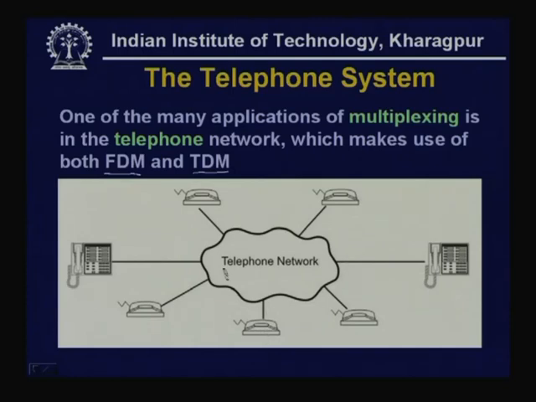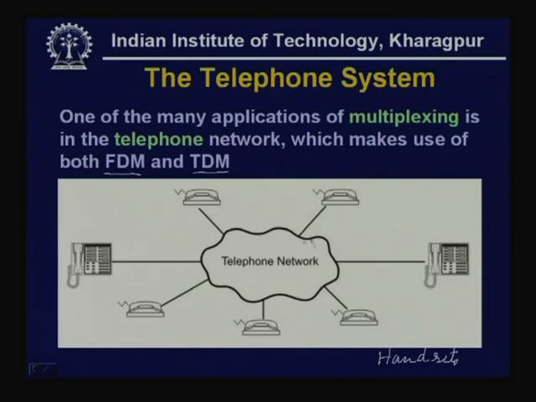block, the telephone network. As you can see, a number of telephone sets, which we call handsets, are connected to the telephone network. Obviously, these handsets represent telephones in houses, in offices, in universities, in all places.